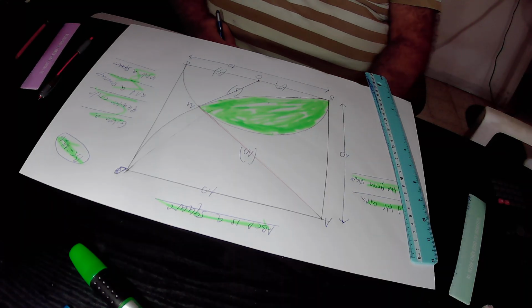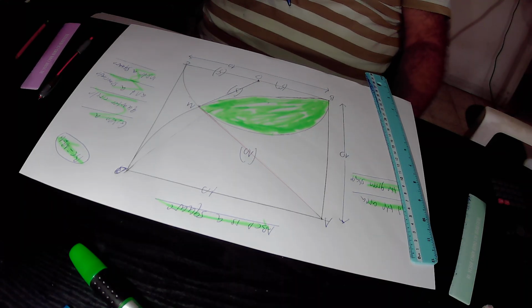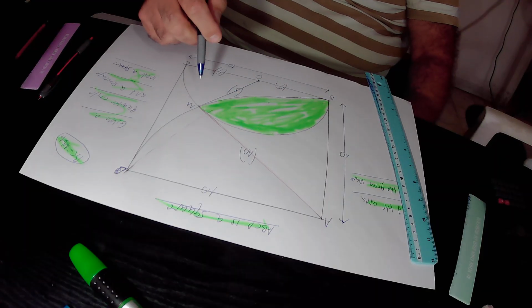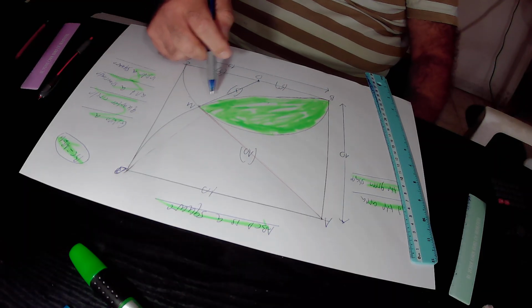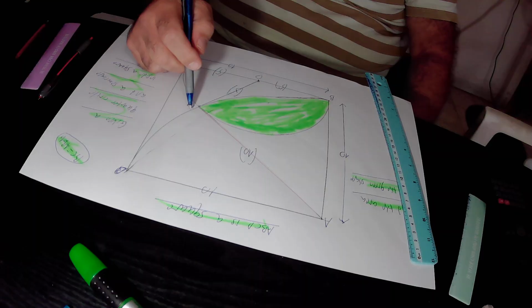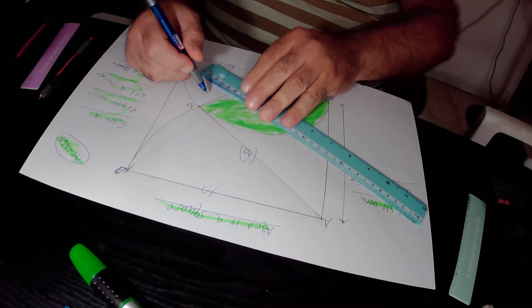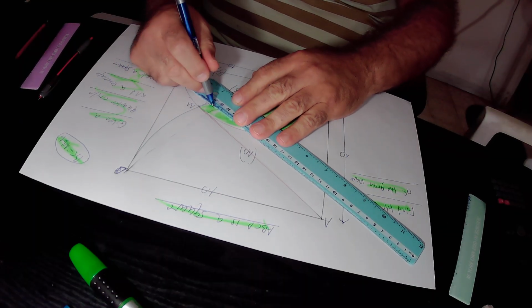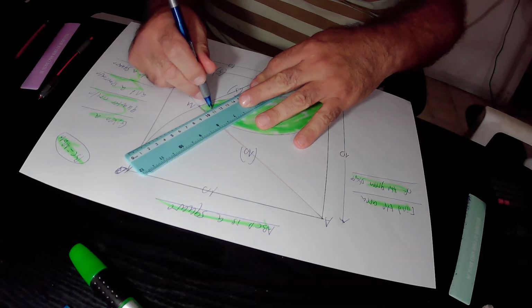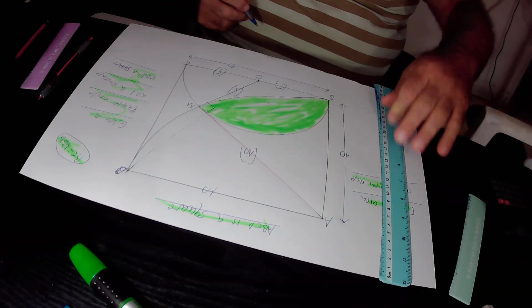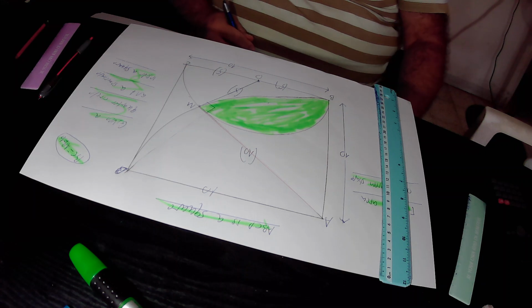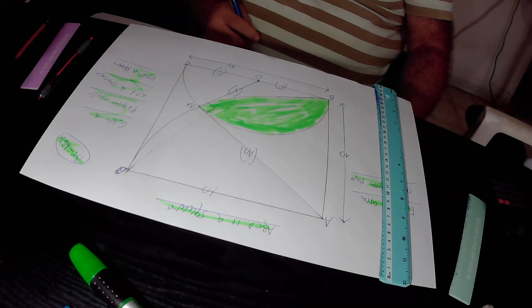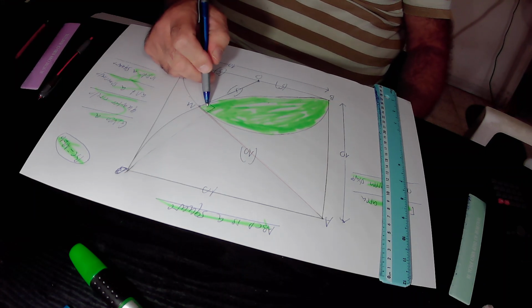Since the radius is drawn to the point of tangency, tangent AM will be perpendicular to the radius MO. If AM is perpendicular to MO, it means that this angle equals 90 degrees according to rule 1. Rule 1 states that a tangent to a circle is perpendicular to the radius drawn to its point of tangency. So this angle equals 90 degrees according to rule 1.